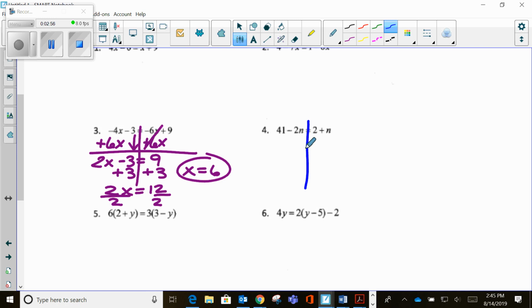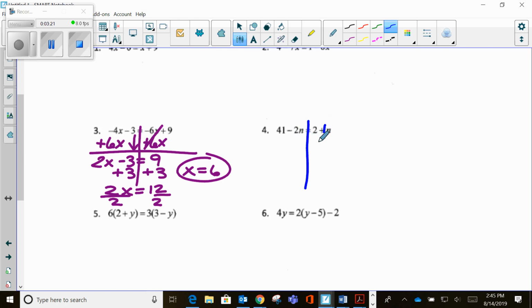You look on the left-hand side. No like terms. Look on the right-hand side. No like terms. So we move to step 3, where we have to combine our variables on the same side using inverse operations. So I have a negative 2n on the left, and I have a 1n on the right.